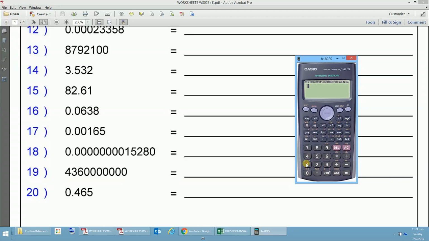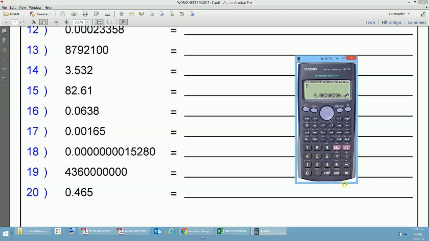And if we just put 1 in, we get 1 times 10 to the power of 0. Remember that anything to the power of 0 is 1. So if we put any digit in, say 9, equals, it'll be times 10 to the power of 0.